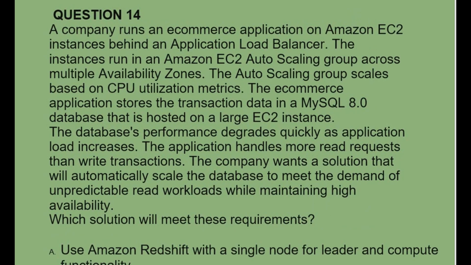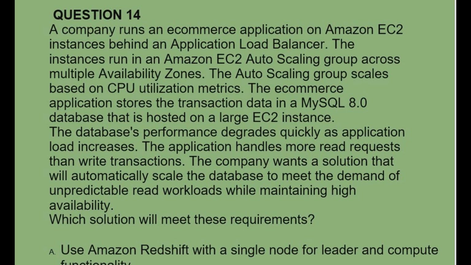Question is, a company runs an e-commerce application on Amazon EC2 instances behind an Application Load Balancer. The instances run in an Amazon EC2 Auto Scaling group across multiple Availability Zones. The Auto Scaling group scales based on CPU utilization metrics. The e-commerce application stores the transaction data in a MySQL 8.0 database that is hosted on a large EC2 instance.